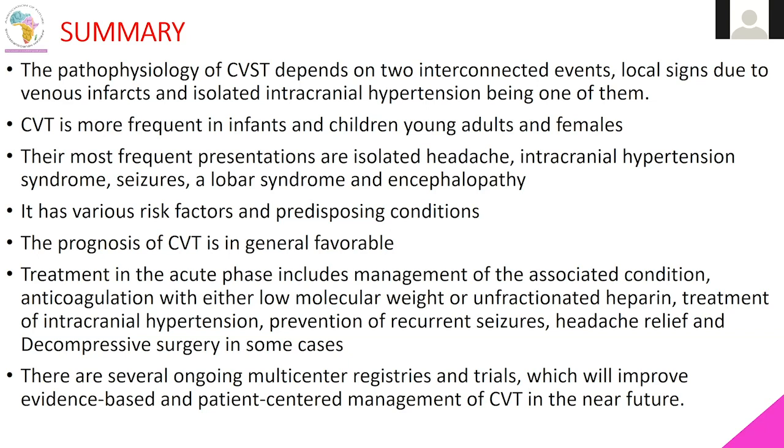It has various risk factors and predisposing conditions that we have seen. The prognosis of CVT is in general favorable. Treatment in the acute phase includes management of the associated conditions, anticoagulation with either low molecular weight or unfractionated heparin, treatment of intracranial hypertension, prevention of recurrent seizures, headache relief, and decompressive surgery in some cases.